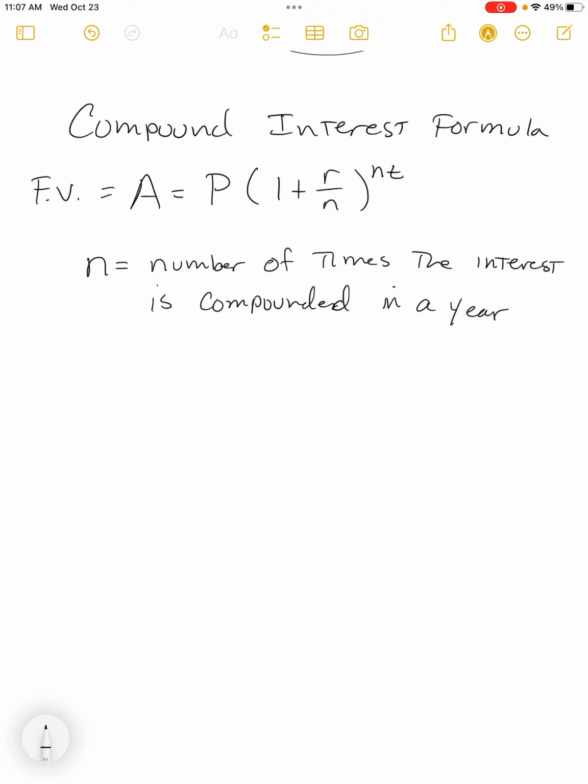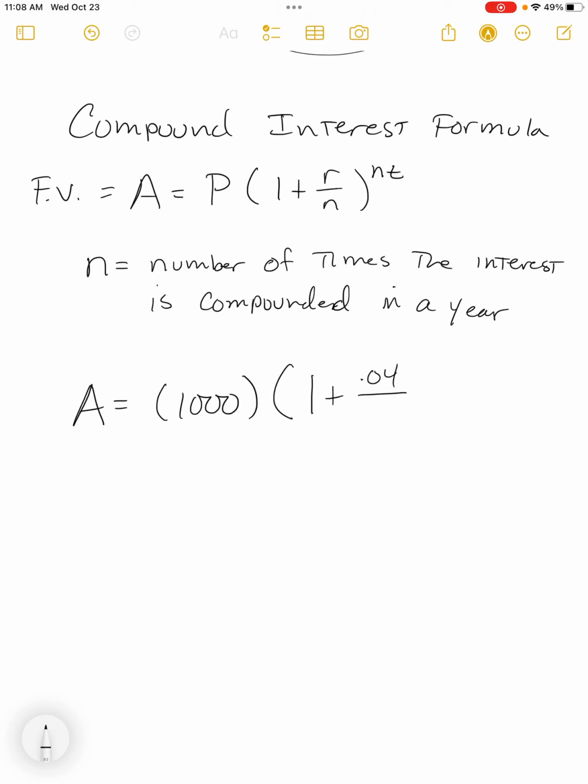So if you remember our previous problem, if we want to find the future value or the accumulated amount that would be present at the end of 3 years, if we invested $1,000, right, that's our P, times 1 plus R was 4%, and N was the number of times a year it's being compounded.